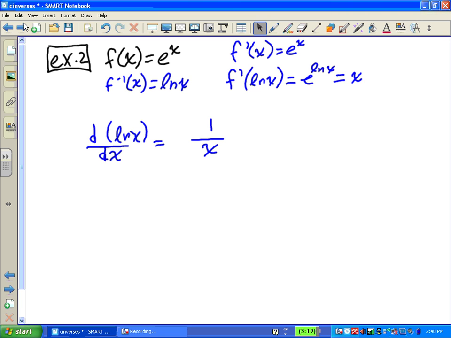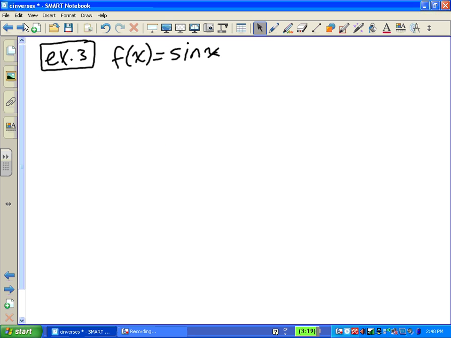But let's try ones that are generally a little less familiar. So here we have f of x is sine x. F prime of x equals cosine of x. F inverse of x is arcsine of x.